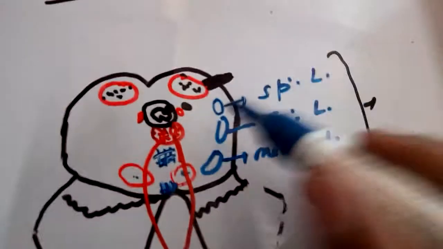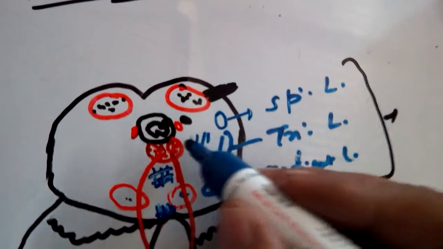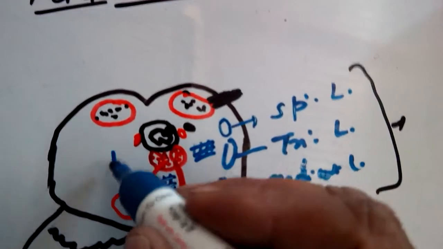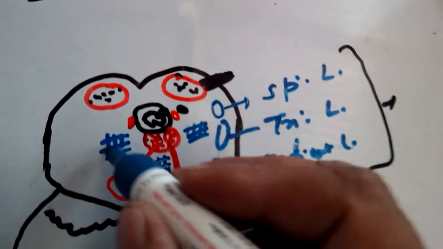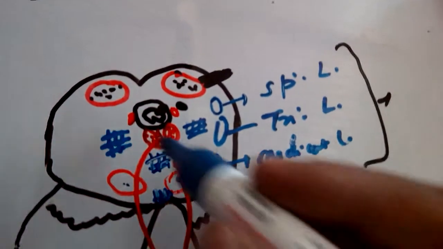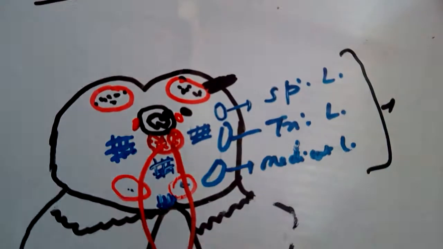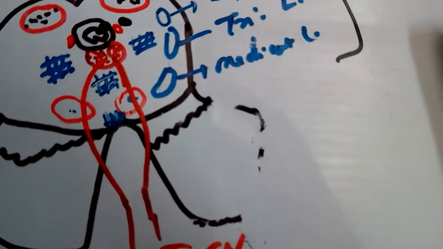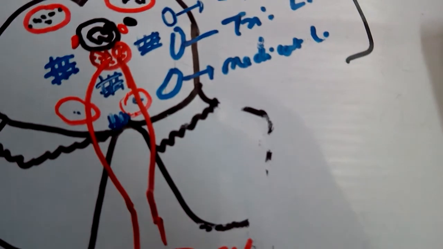Reticular formation, here we can see again the reticular formation. The reticular formation is a collection of grey and white matter, crossed fibers of grey and white bundles.